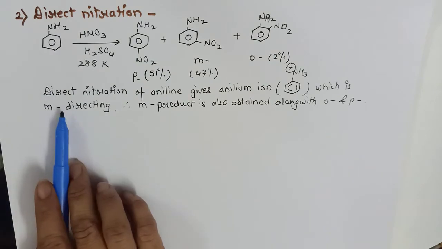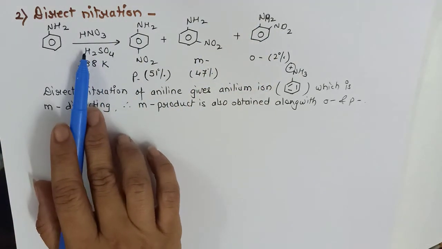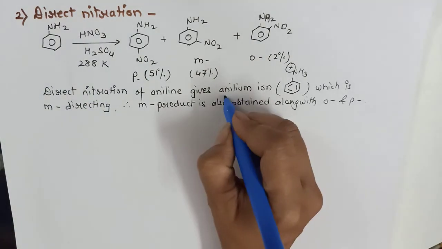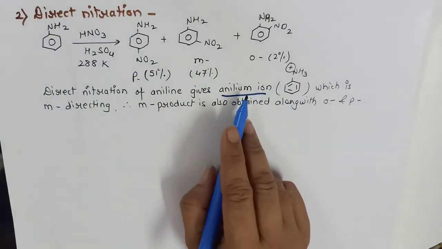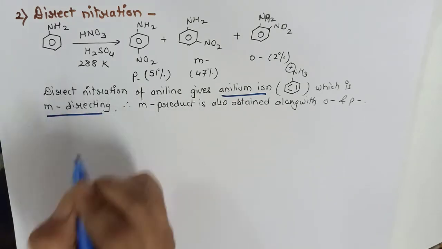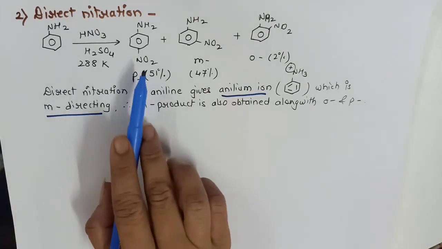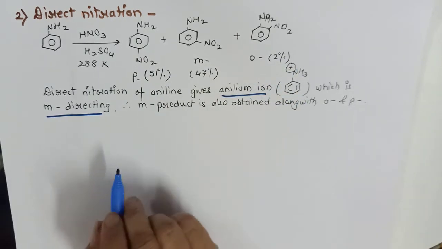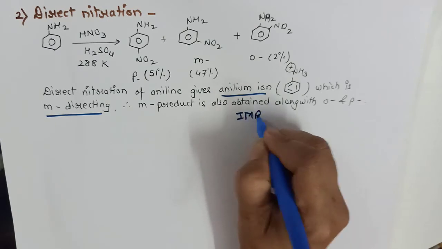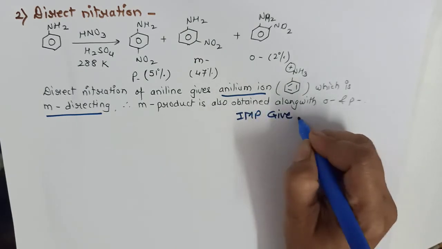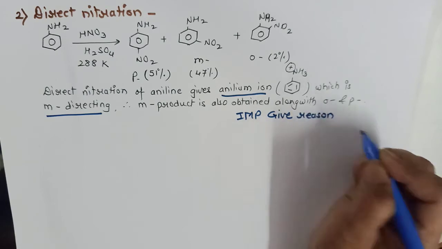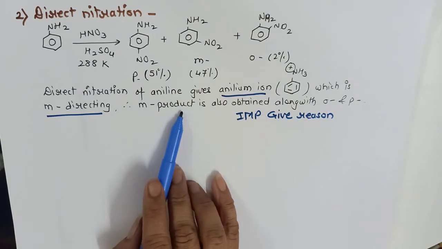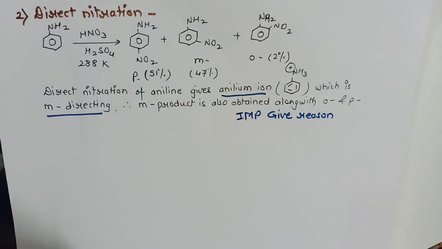Reason lies in the fact that when this nitration process is taking place, during the reaction mechanism, anilinium ion is formed, and this anilinium ion is basically meta directing, and therefore we get all these three types of product. Meta product is also formed along with ortho and para. This question is one of the important give reason question, that why meta nitroaniline is also obtained along with ortho and para nitroaniline during the nitrating mixture.